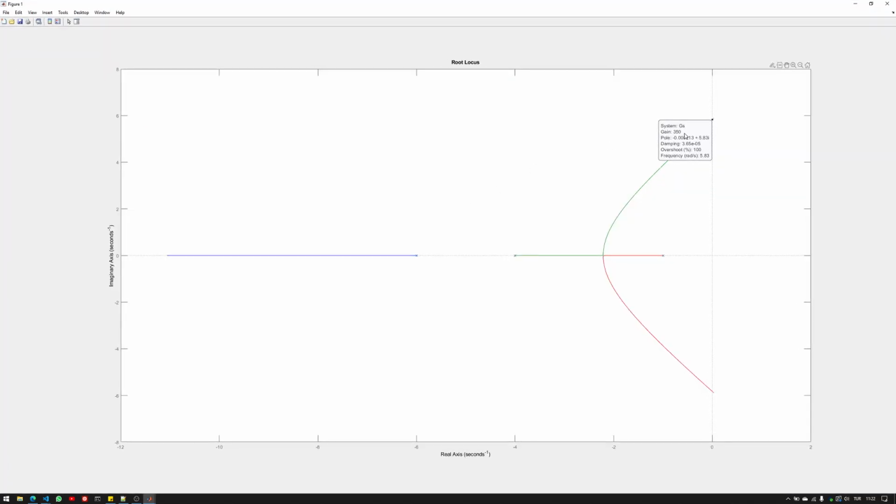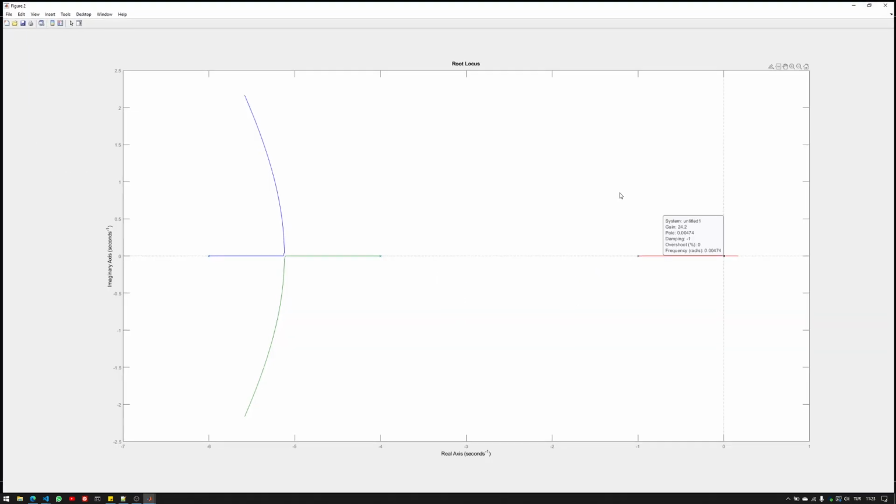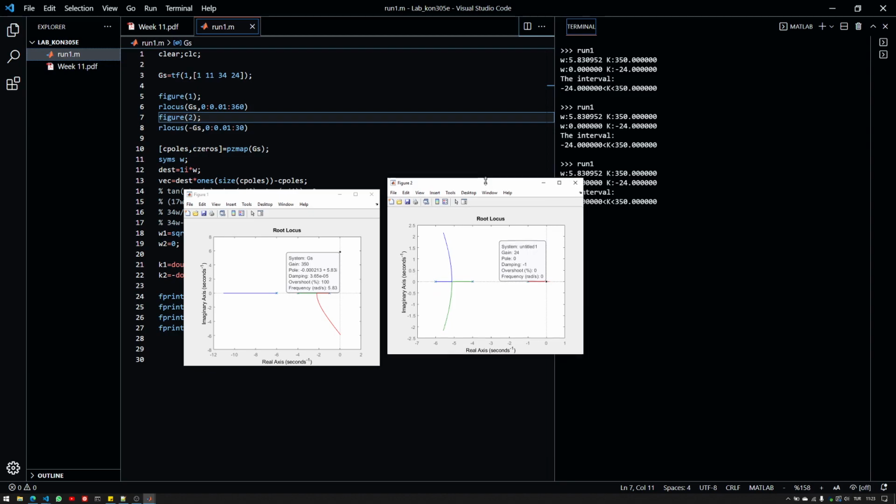There we go. I did exactly find the point where we have the gain 350, and it is minus 0.000213, which is practically 0. And 5.83 is the frequency. And the same goes for the negative root locus. Again, 24.2, a little better, 24, and we can see the pole is exactly at 0 with frequency 0, which means that this is the origin.